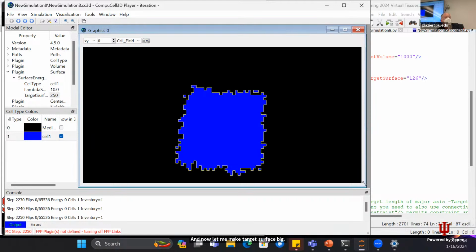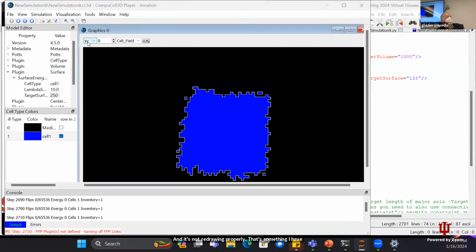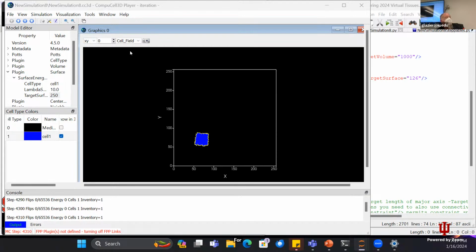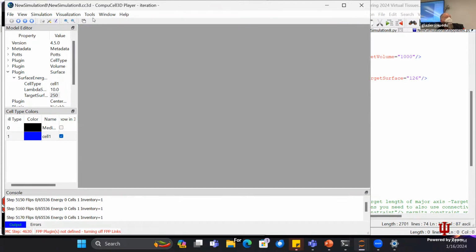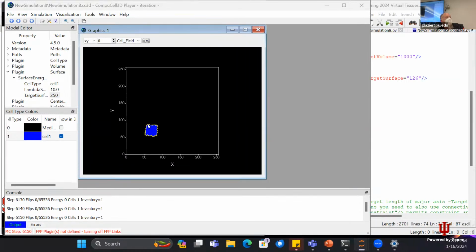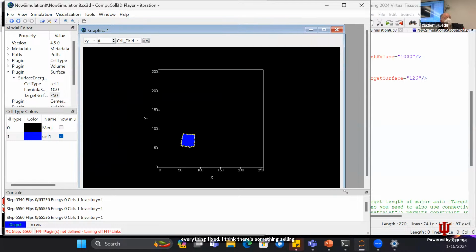That's something I have to apologize for. It's stuck. That's a bug. So much for having everything fixed, huh? I think I saw the cell moving a little bit. No, this is a redraw bug.